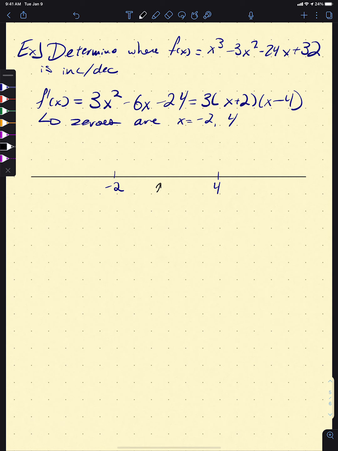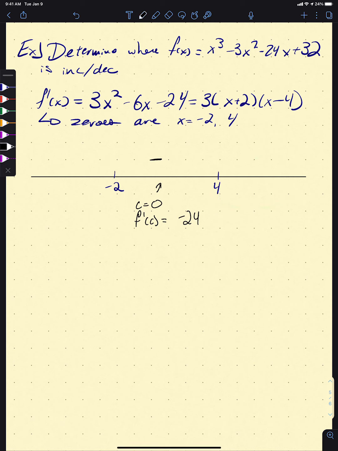Pick one test point that's nice, and then we're good, right? Here we can say pick c equals 0, then f prime of c is going to be negative 24, right? So that means that this whole thing is going to be negative. Okay, well, what about here?